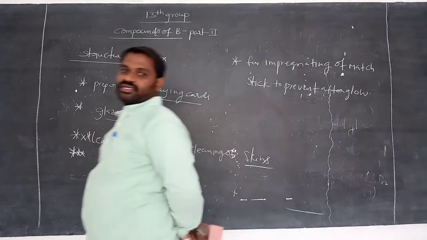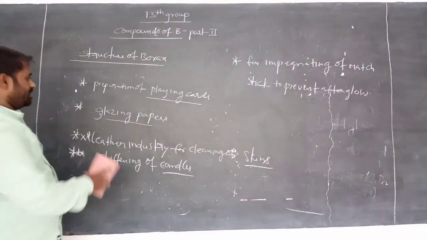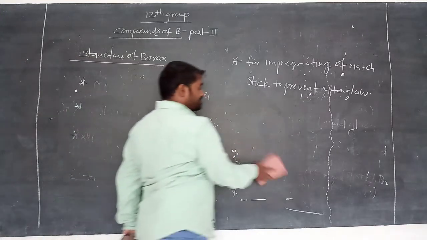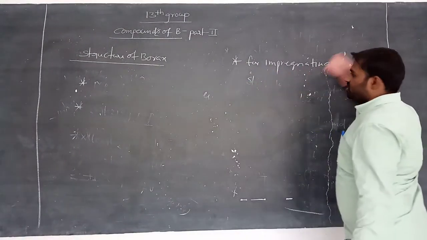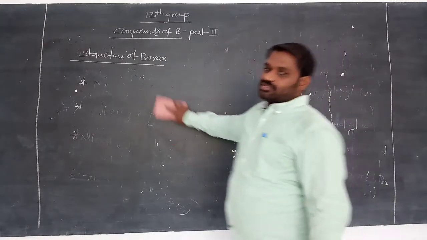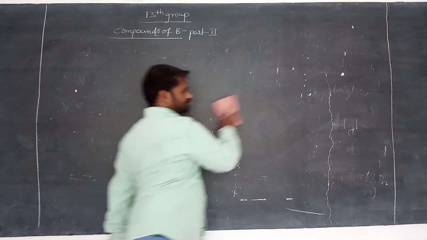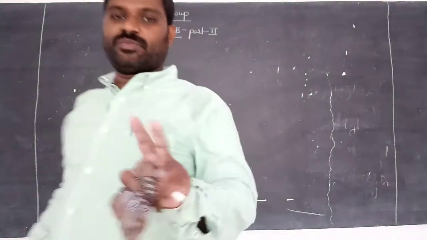So these are the important uses of borax, okay. Keep this very important. Suppose 4 options are given, you have to select which one is a use of borax. Okay, clear? So this is about borax.